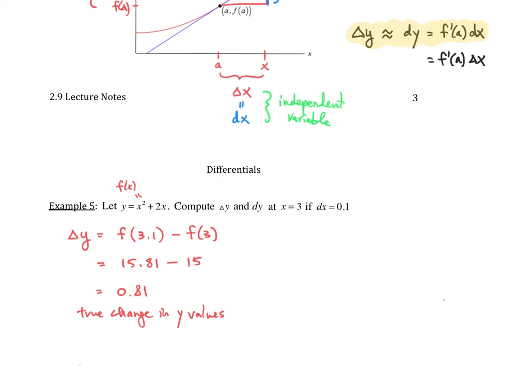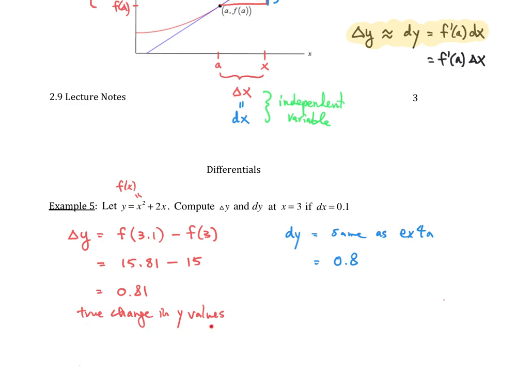And that's from a small change of 0.1 in the x values. Now, when I want to calculate dy, this is the same as example 4a, right? So we actually just did this example a few moments ago, and we got that the change dy was equal to 0.8. So let's compare now.